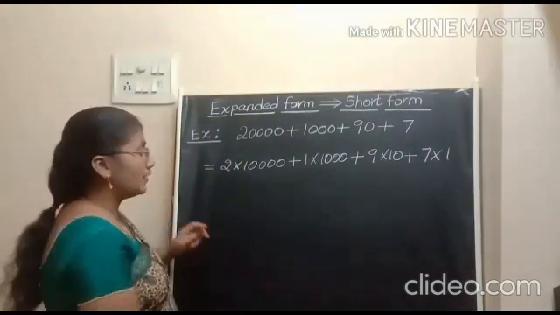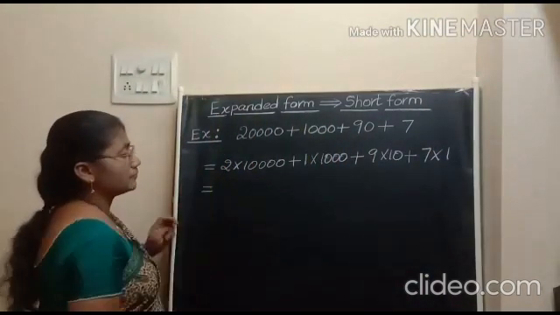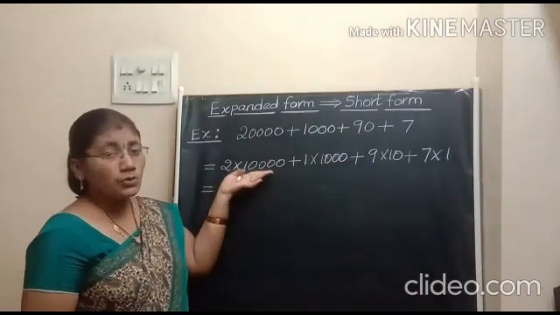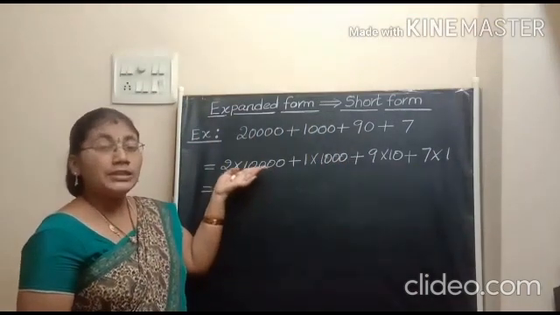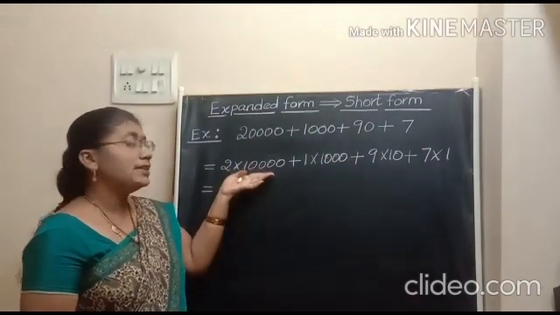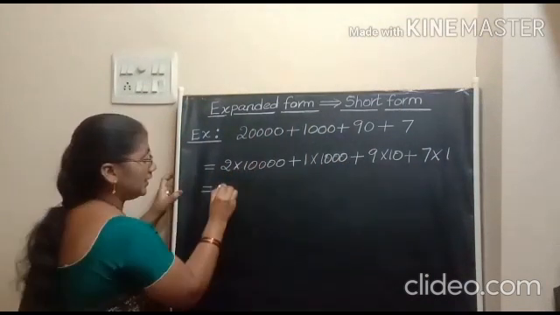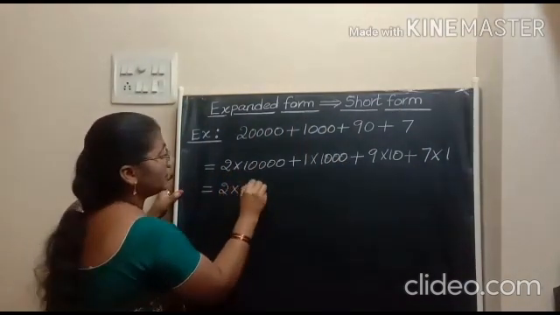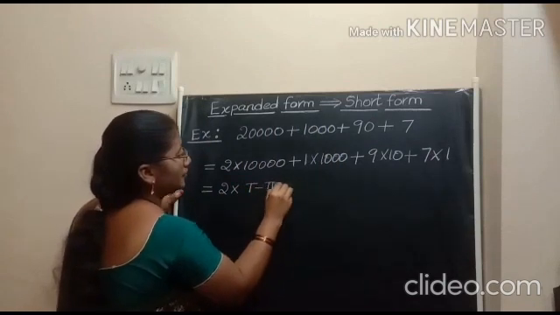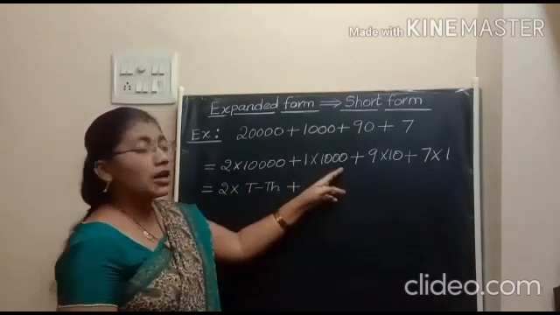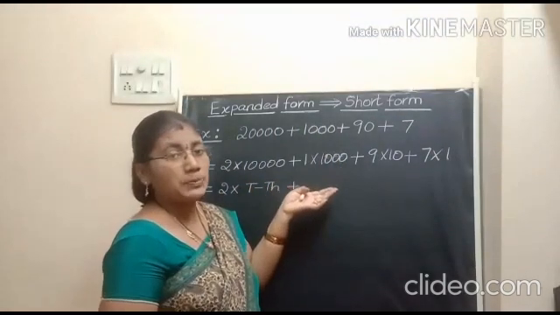Okay? Then this is 10,000. We can use TTH to represent this place. I am writing that: 2 into TTH plus 1,000. How can we represent thousands place?